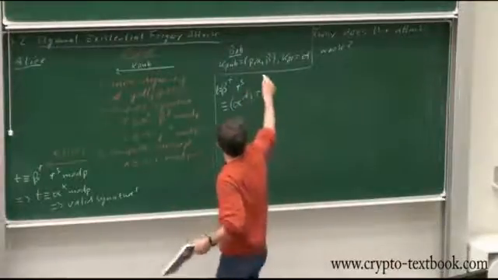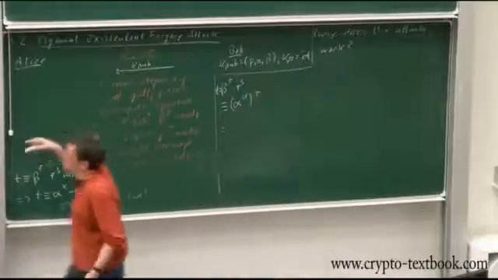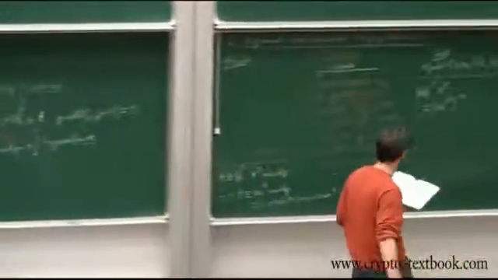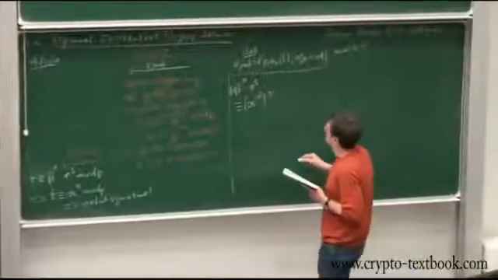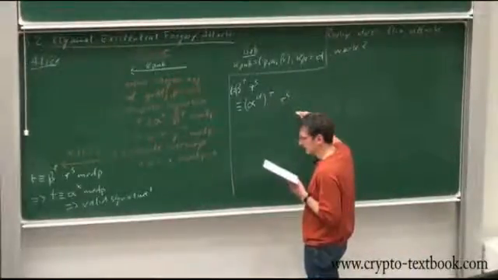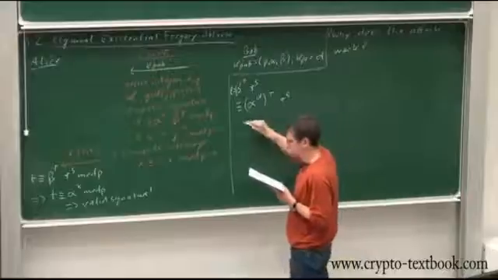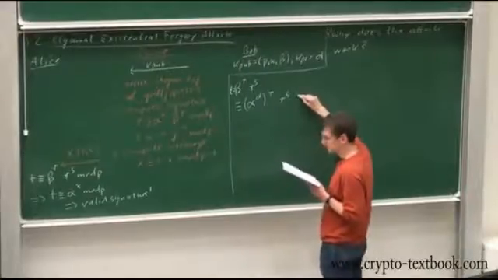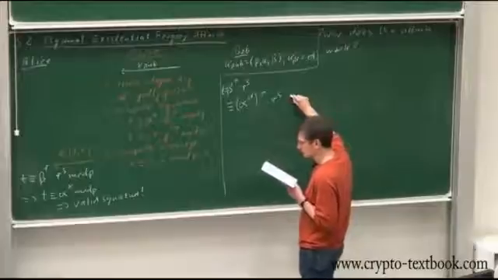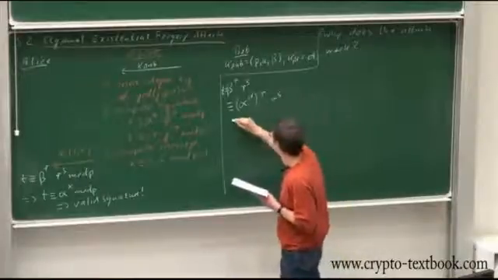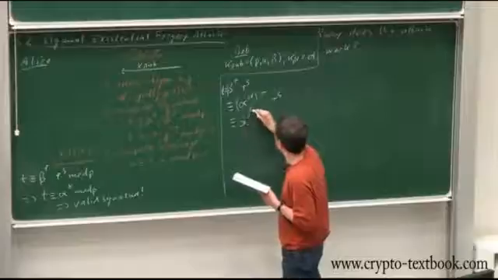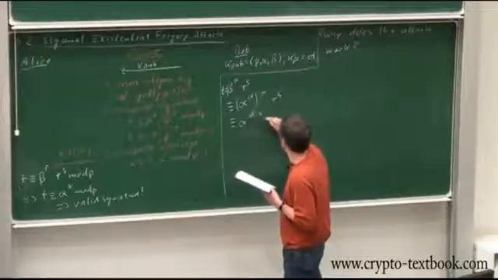Beta still comes from the original beta from Bob here. That's a discrete logarithm problem. Times r times s. This is alpha to the d times r.